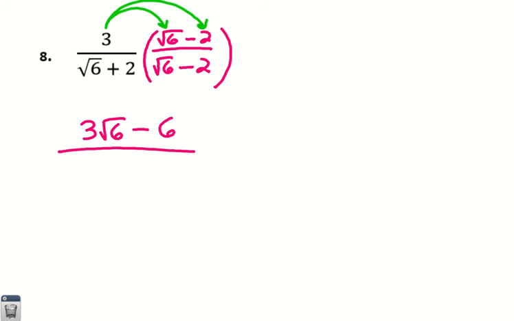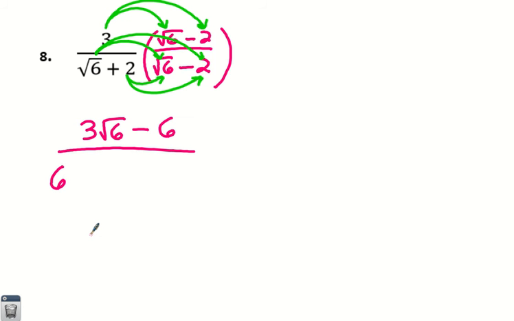On the bottom, when I do this entire denominator times this entire denominator, that's basically FOIL, or the lobster claw method. Root 6 times root 6 is just 6 at the end of the day.